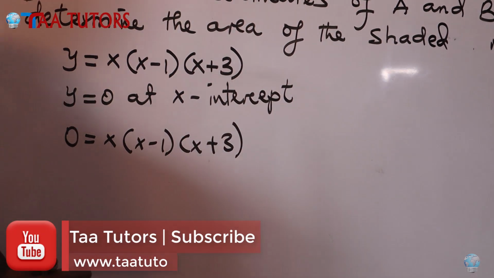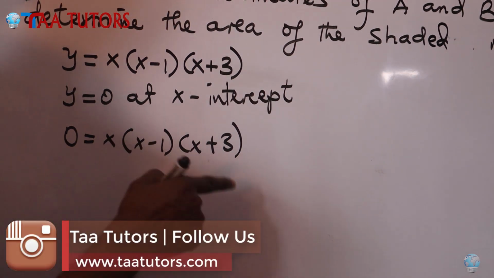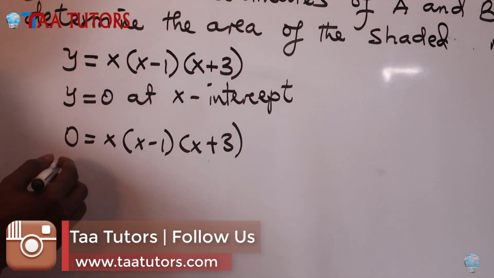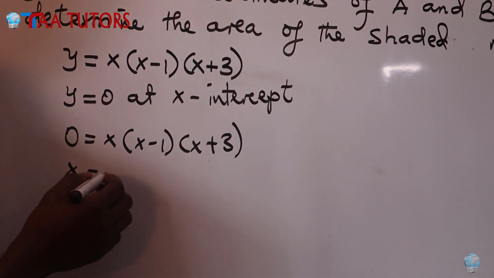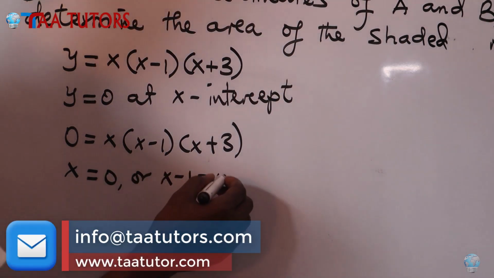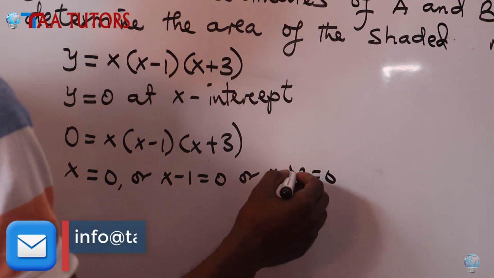Now we know that these numbers are multiplied. x is multiplied by x minus 1, which is multiplied by x plus 3. It means that one of these numbers is 0. So we can say therefore x is 0, or x minus 1 is 0, or x plus 3 is 0.